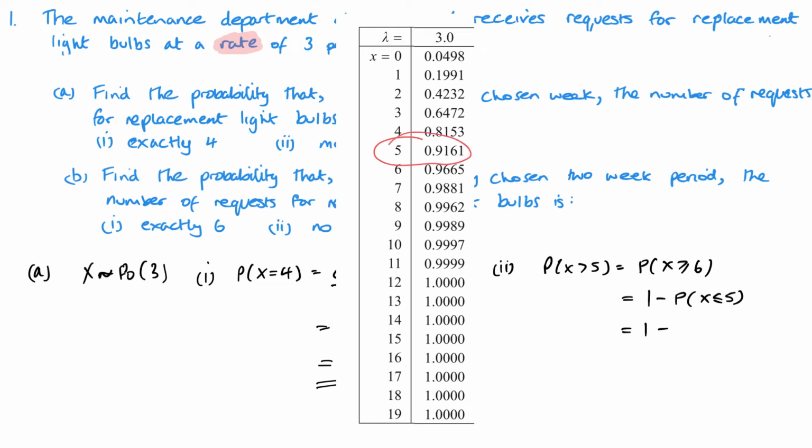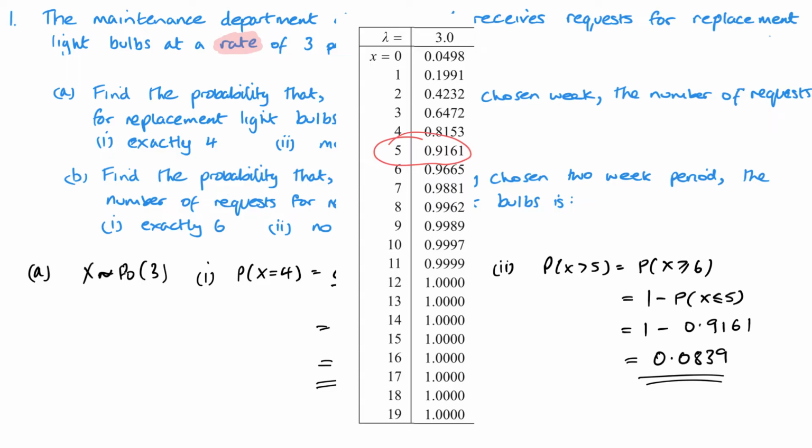So we've got there where x is less than or equal to 5, so that's going to be 0.9161. And then I can go to the calculator, and 1 minus 0.9161 gives me 0.0839. And that's both 4 decimal places and 3 significant figures.